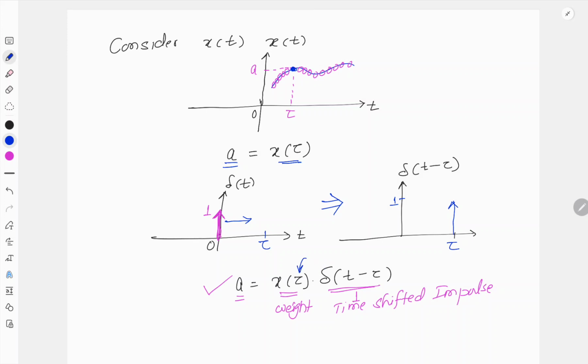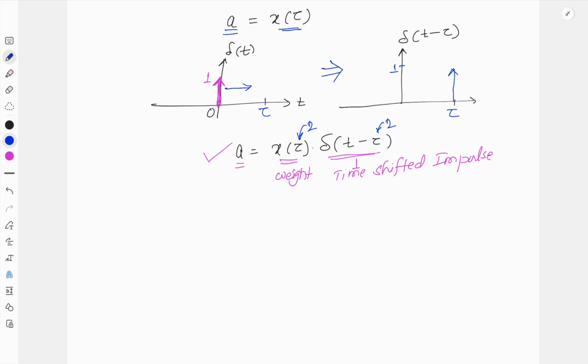So if I need to represent x of t signal at time equal to 1, the value of tau will be 1. Therefore this impulse function will be shifted to t minus 1. Similarly, if I need to represent x of t signal at t equal to 2, I need to change the value of tau to 2. Therefore, I need to accumulate all the values of tau in this equation.